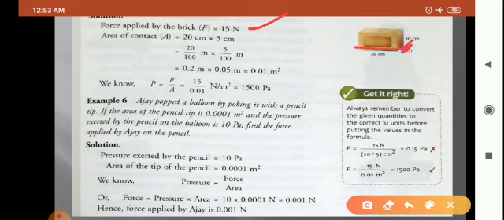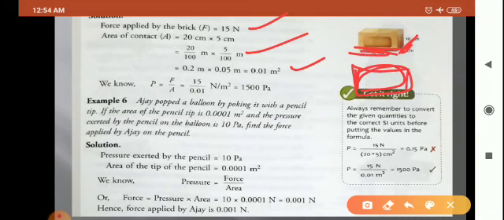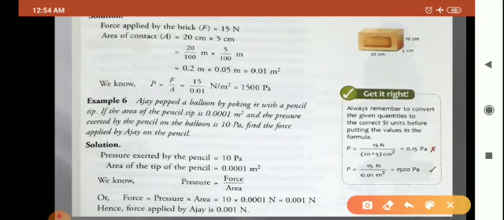So the area of contact of this brick is 20 centimeter by 5 centimeter. So why are we dividing here by 100? We are converting into meter. Since the lower part of the brick, the part touching the ground, will act like a rectangle. Yes or no?